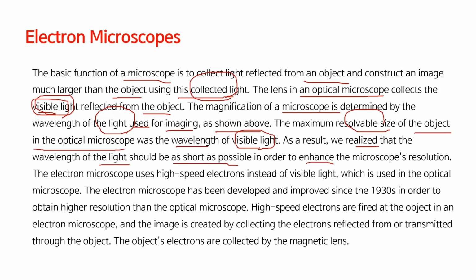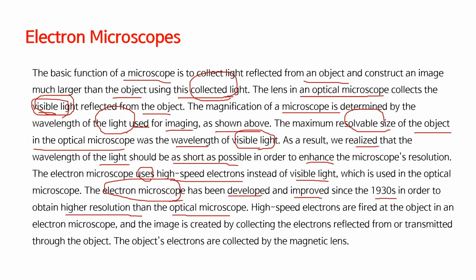The electron microscope uses high-speed electrons instead of visible light, which is used in the optical microscope. The electron microscope has been developed and improved since the 1930s in order to obtain a higher resolution than the optical microscope.